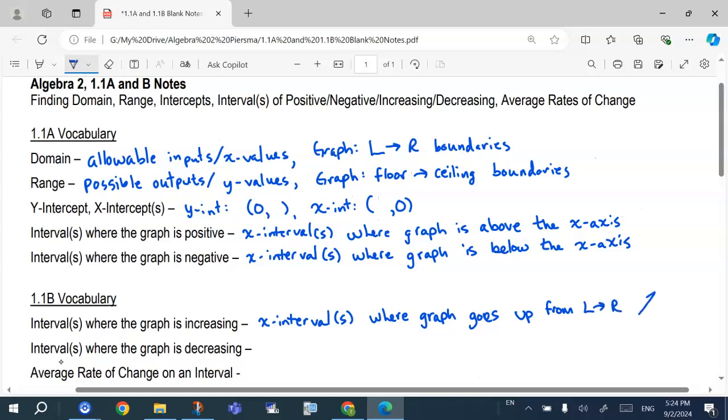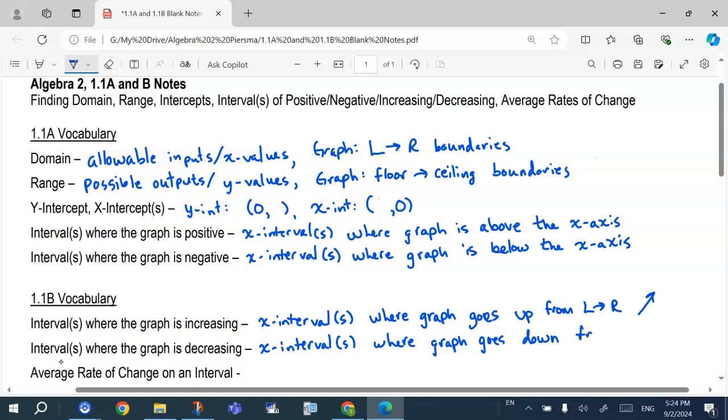It's going to be going in that direction. And intervals where the graph is decreasing are x intervals, where the graph goes down.